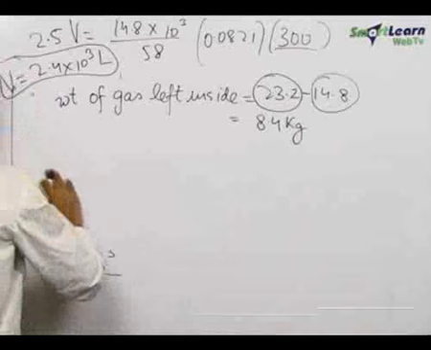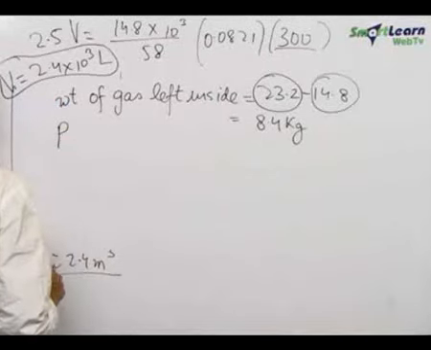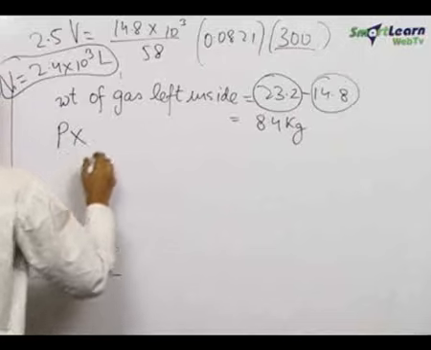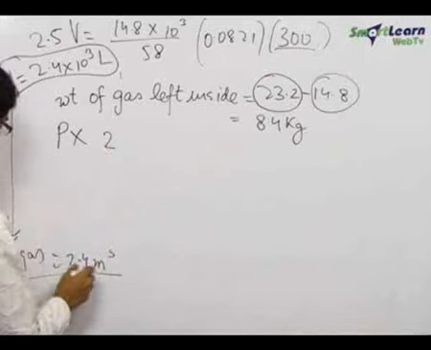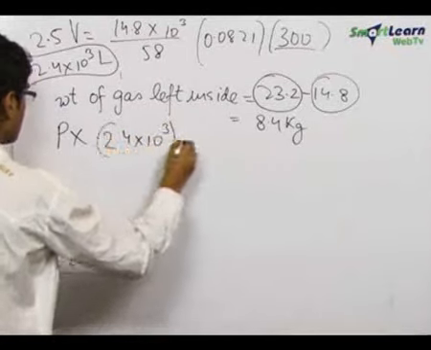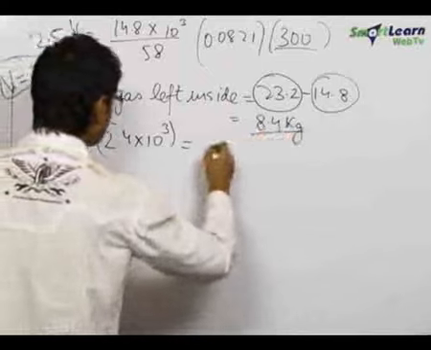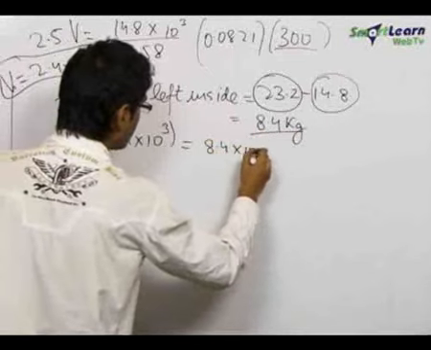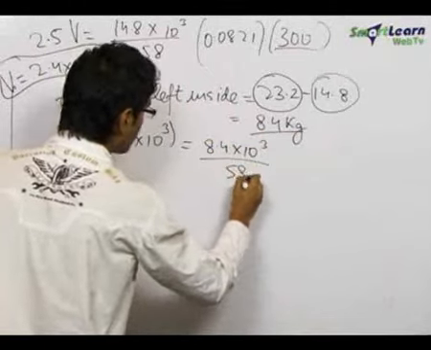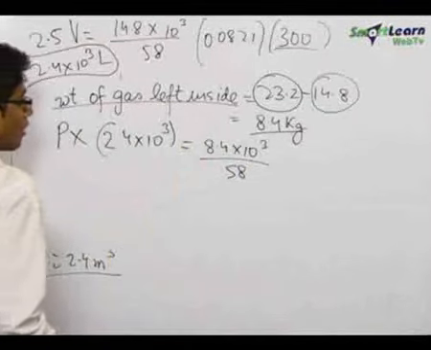Now, since the volume of the cylinder remains constant, we have the final pressure of the gas inside into the volume, which we got as 2.4 into 10 power 3, is equal to the number of moles, which is equal to 8.4 into 10 power 3 grams upon 58. This is the weight of gas left inside the cylinder after usage.